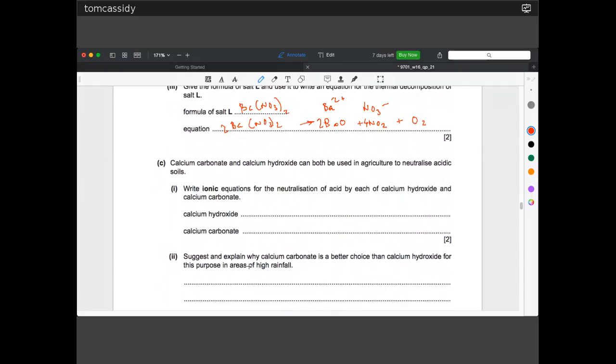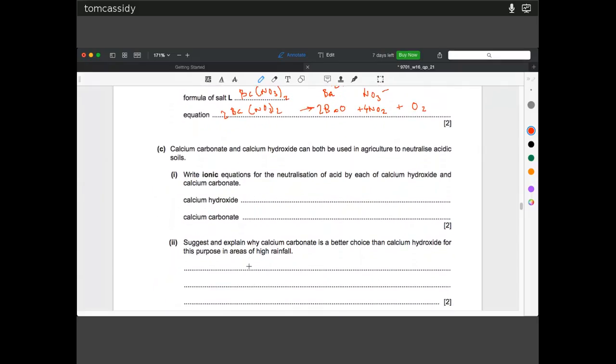Okay, we're still talking about group 2 elements here. Again, we're still being asked for ionic equations, and we're talking about calcium carbonate and calcium hydroxide. And it's talking about the ionic equations for the neutralization of acid by the hydroxide and the carbonate.